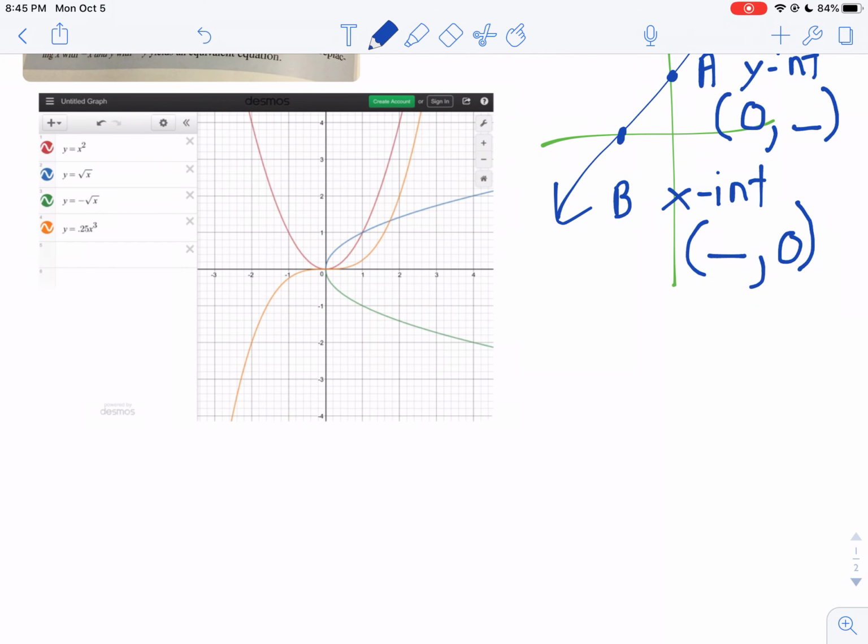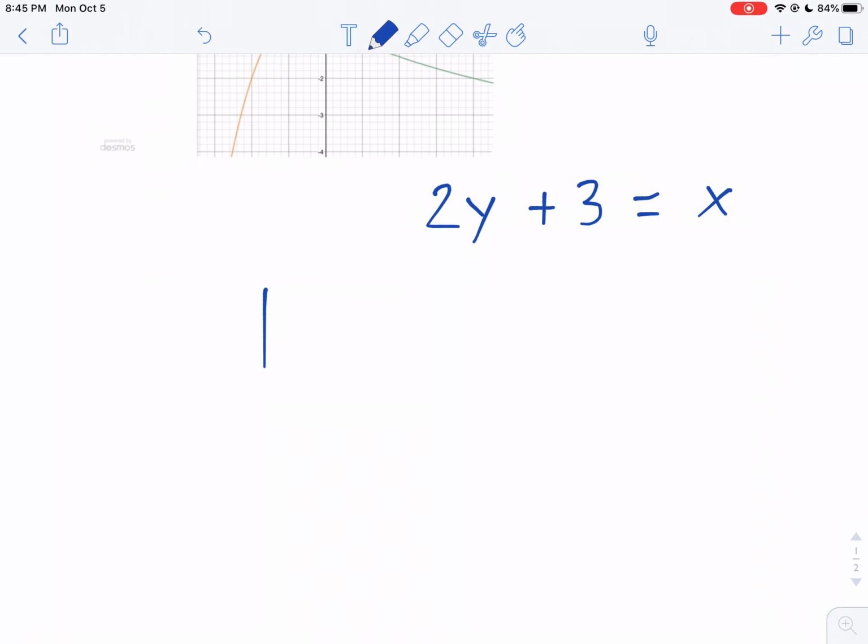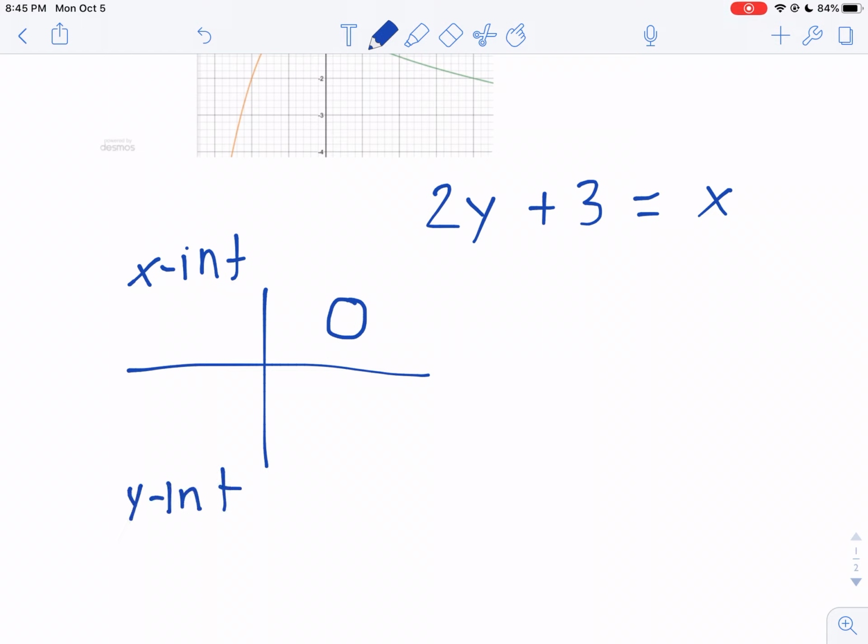So for example, if I give you 2y plus 3 is equal to x, and I ask you to find the x and y-intercept, what you'll be doing is you could make a quick table like the following. Just say this is your x-intercept. Okay, so your x-intercept is where y is equal to 0, okay? And your y-intercept, I'll put it down here, is the point where your x is equal to 0, okay?